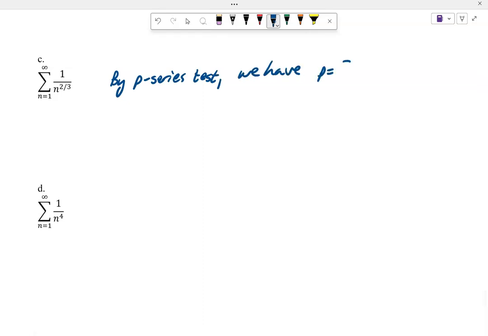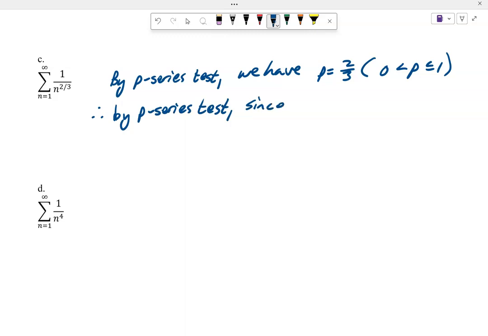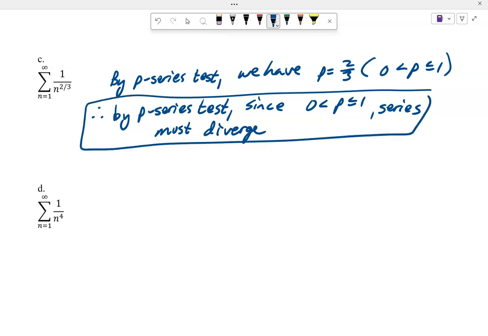Well, notice your p here is 2/3. There's that one. Series must diverge, so you have p less than or equal to 1.